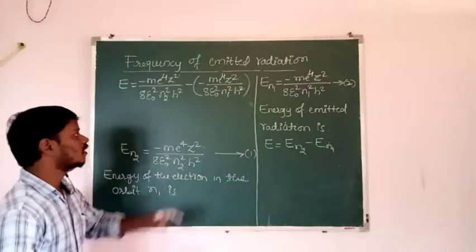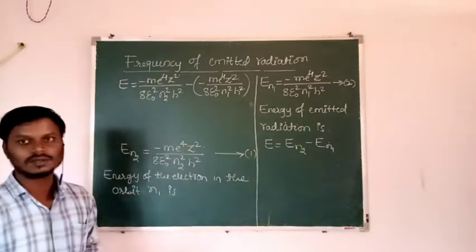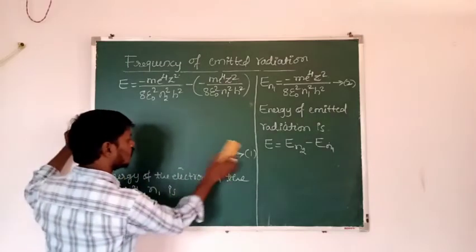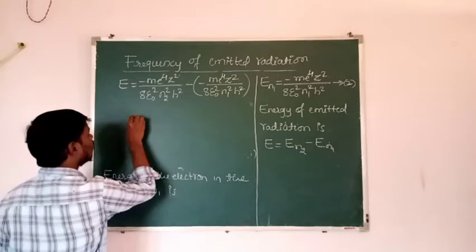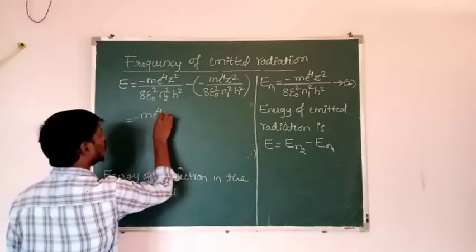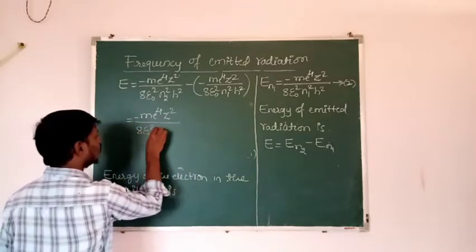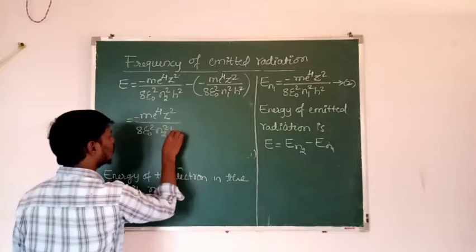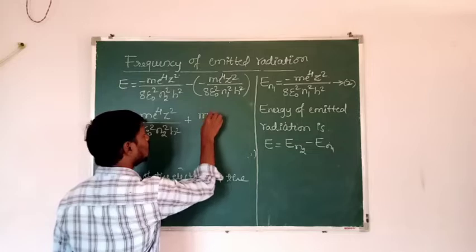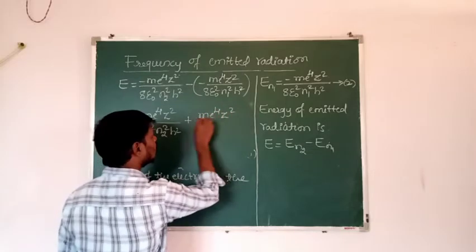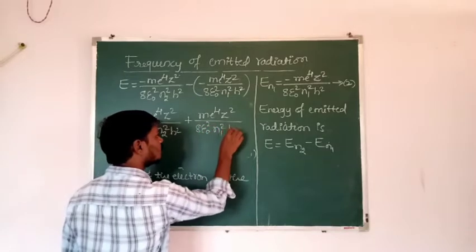Here n1 and n2 are the principal quantum numbers of the lower orbit and higher orbit. So I will write this equation as minus into minus plus, minus m e raised to 4 z square divided by 8 epsilon naught square n2 square into h square. Then minus into minus is plus, m e raised to 4 z square divided by 8 epsilon naught square n1 square into h square.